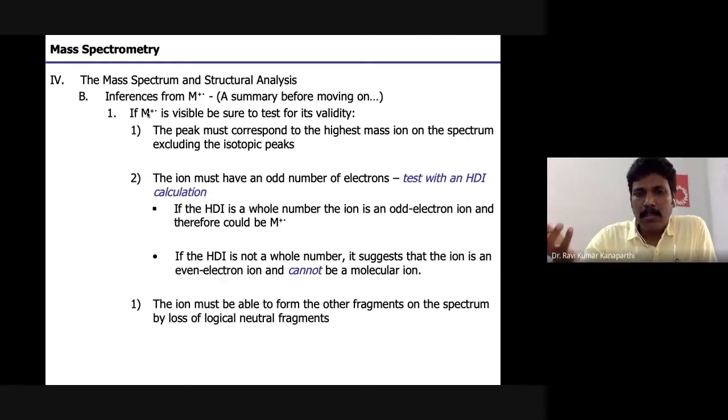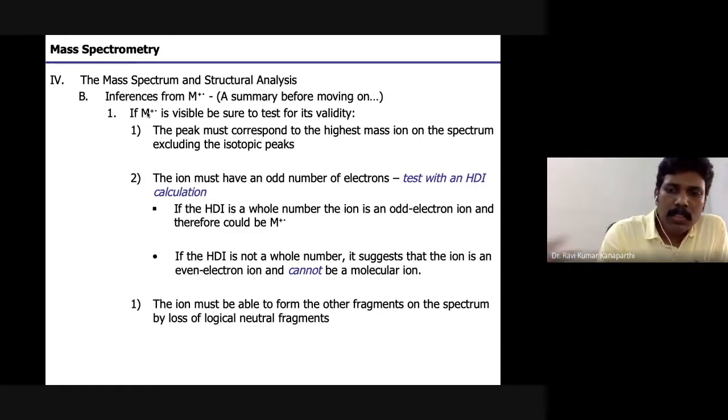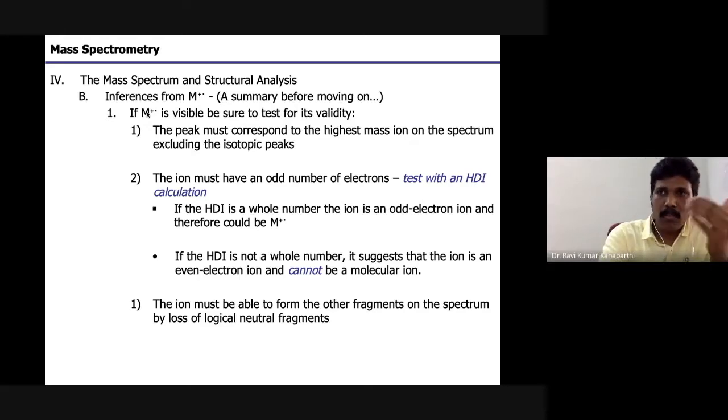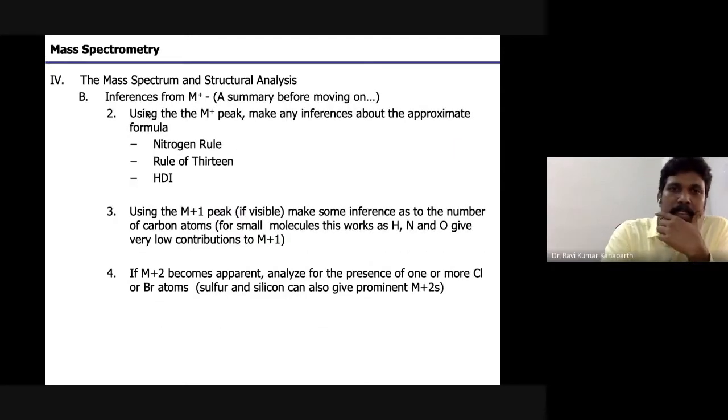These are very common. So if you are suspecting something as a molecular ion, confirm further whether any known fragments are eliminated from that ion or not. If that is not true, then it may not be your molecular ion peak.